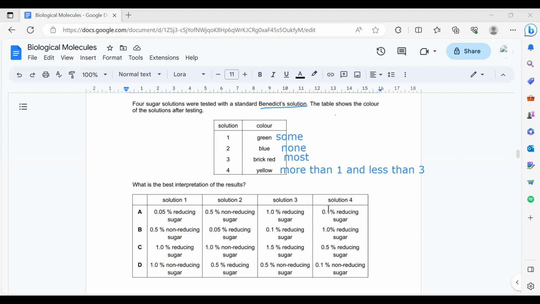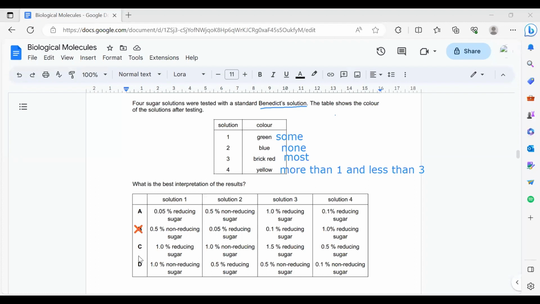So solution 4, let's look at the options. We can cancel out option B and option D because solution 2 does not have any reducing sugar. So two of them are cancelled out, and brick red has the most amount of reducing sugar. So option 1 and 2 make sense.